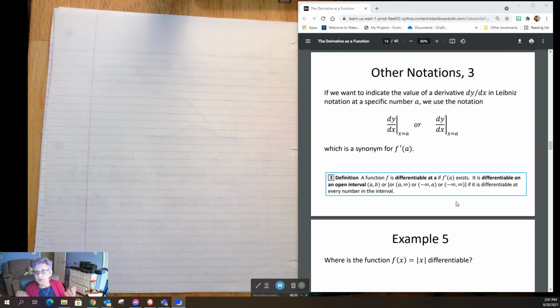So where are functions differentiable? Well, we looked at one earlier that had corners. It's not differentiable at corners because it's changing rapidly from positive to negative. There's no way you can go smoothly from positive to negative at a corner like that.